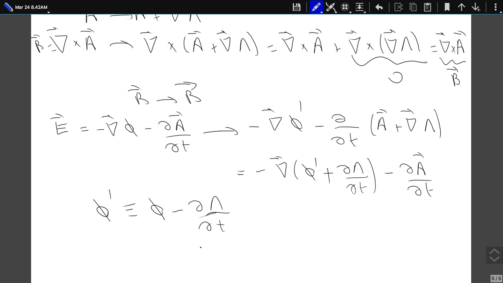There are infinitely many vector potentials that correspond to the same E and B fields, with different properties. Some of them will have divergence 0. So I'm not looking for just any one of them; I'm looking for one where the divergence of A is equal to 0. We have that freedom now.